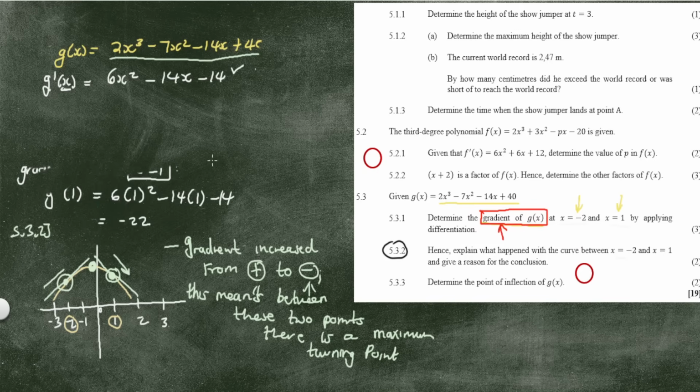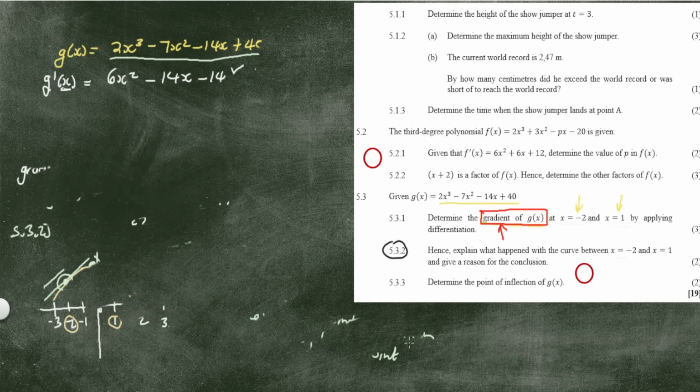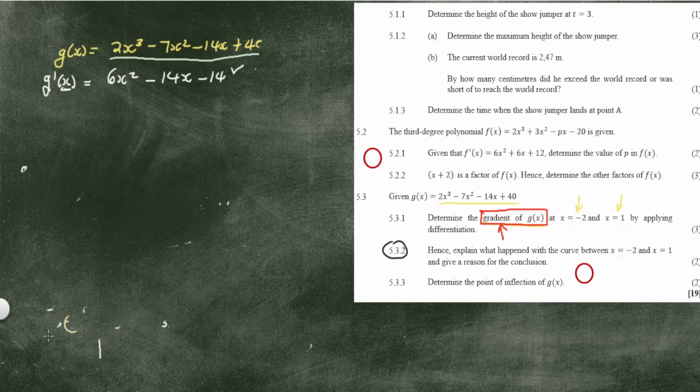So we are doing the last question, 5.3.3. I'm going back to this part of the screen, because I did the first derivative. Now remember, we want the second derivative to find the point of inflection, so I'm taking the derivative of the first derivative. This is the original function, this is the first derivative, and the second derivative is taking this function and differentiating it again.